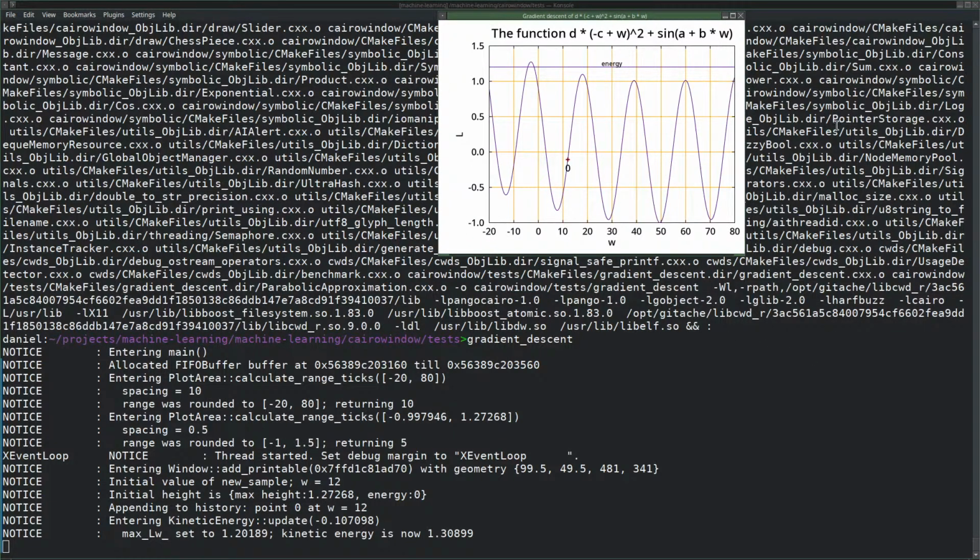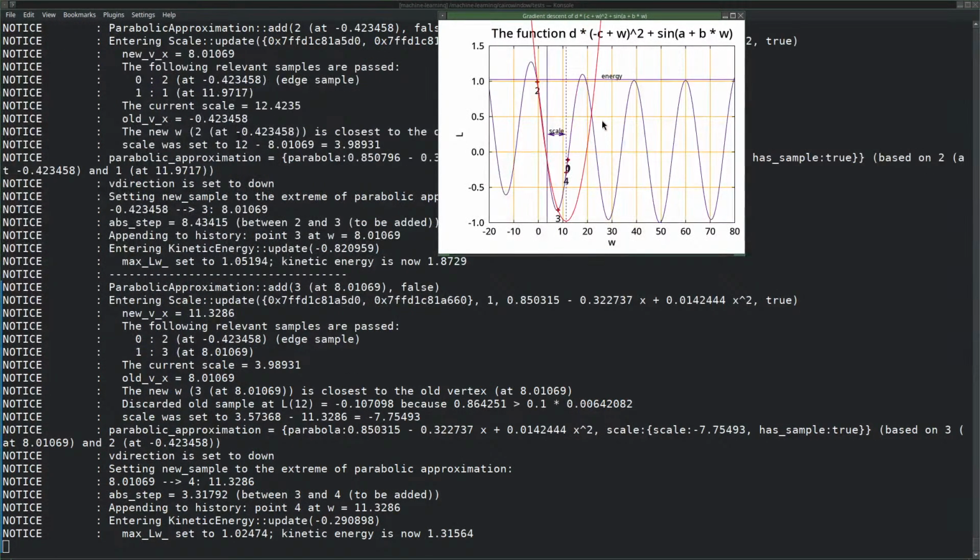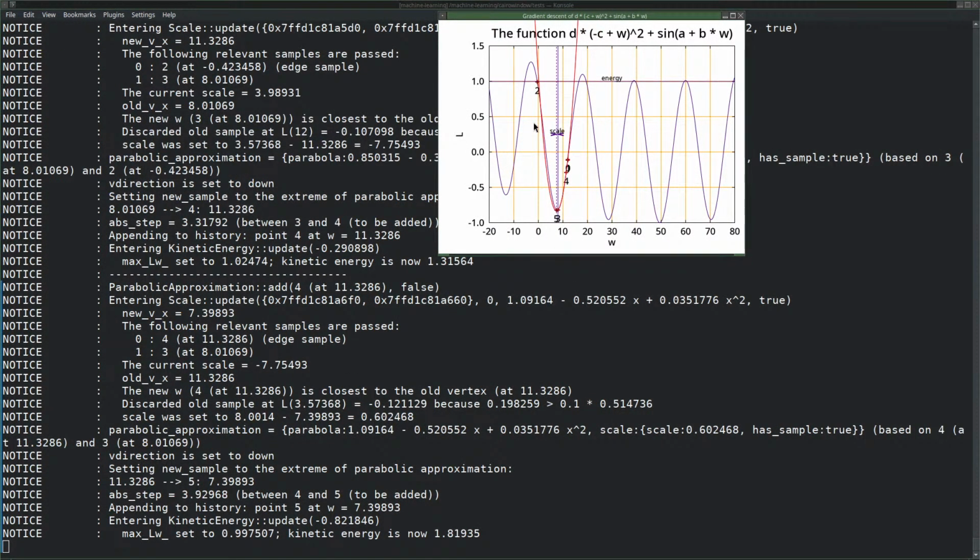So I'm using this as a test at the moment. No, this is already not good, of course. I mean, no matter what is going on here, it does find back eventually the minimum here.